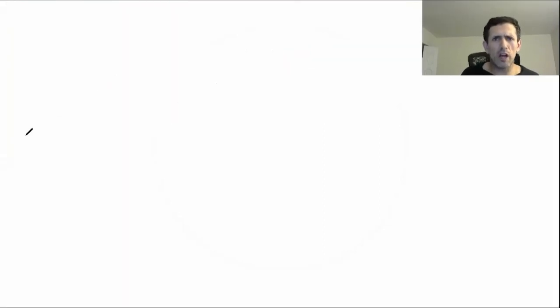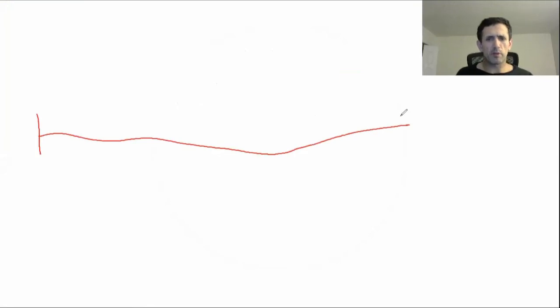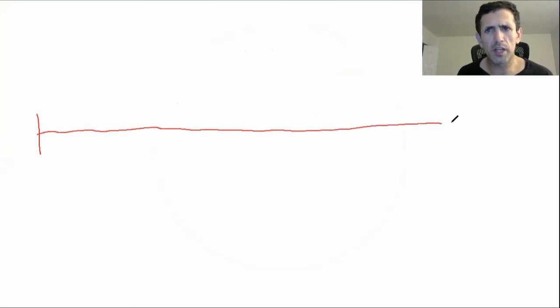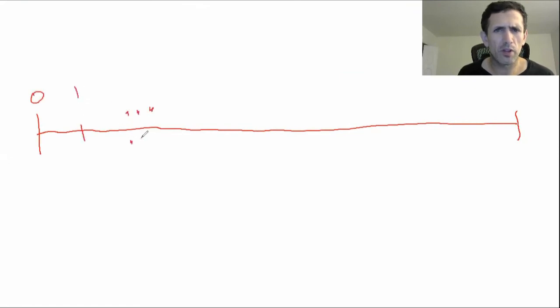So let me draw a timeline for the whole thing, just to make sure we're all on the same page here, that there's no confusion on what's going on. At the end of the 20th year, that's the last $30 payment.